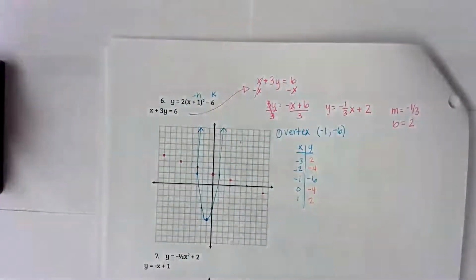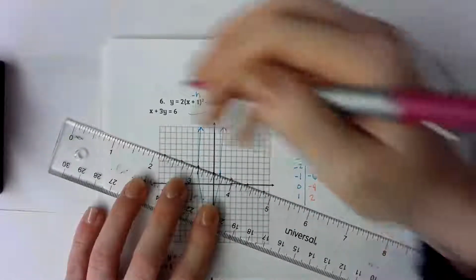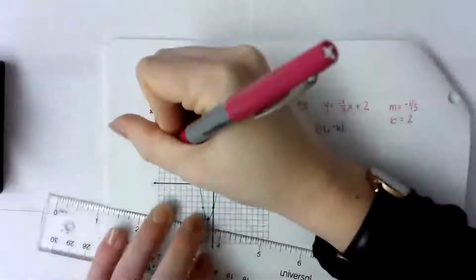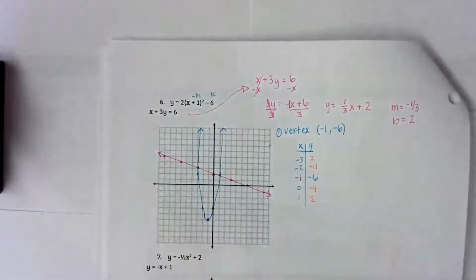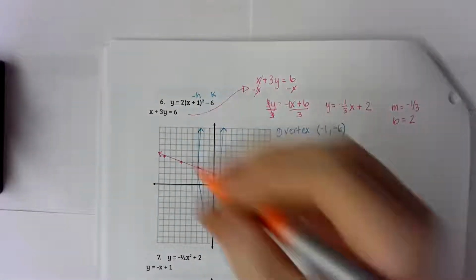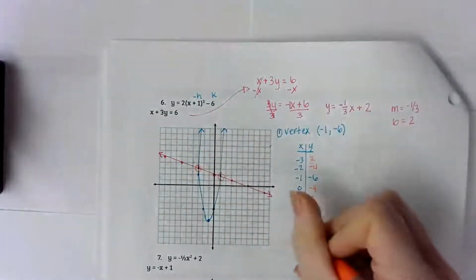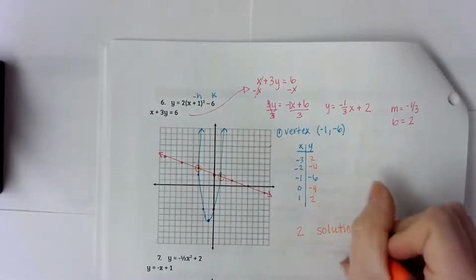So then, just looking at this, I can see that this crosses twice, meaning that there are 2 solutions.